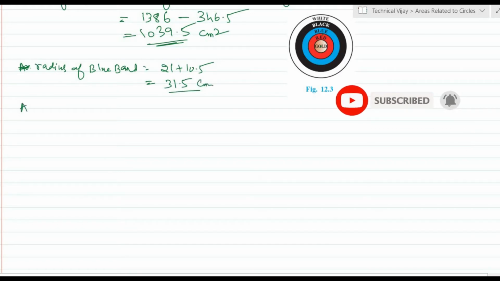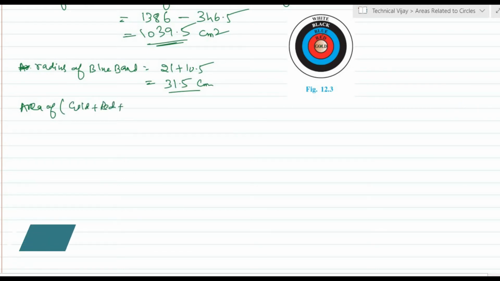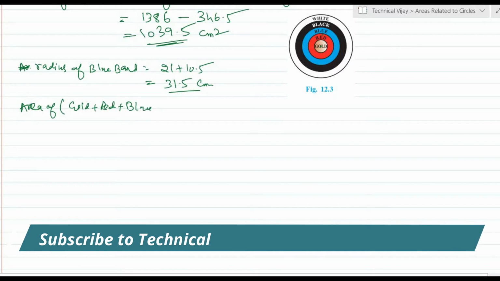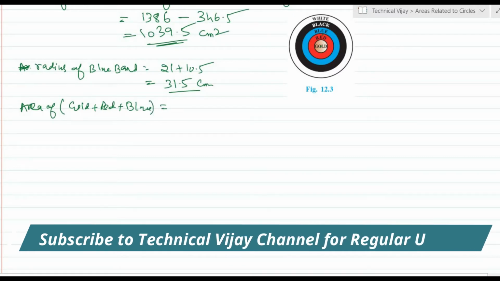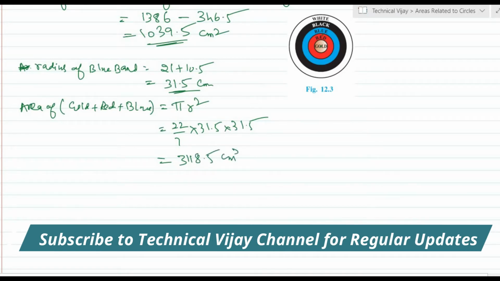So now the area of gold plus red plus blue, all three, is pi r square, where r is 31.5. So 22 divided by 7 into 31.5 into 31.5 is equal to 3118.5 square centimeter.